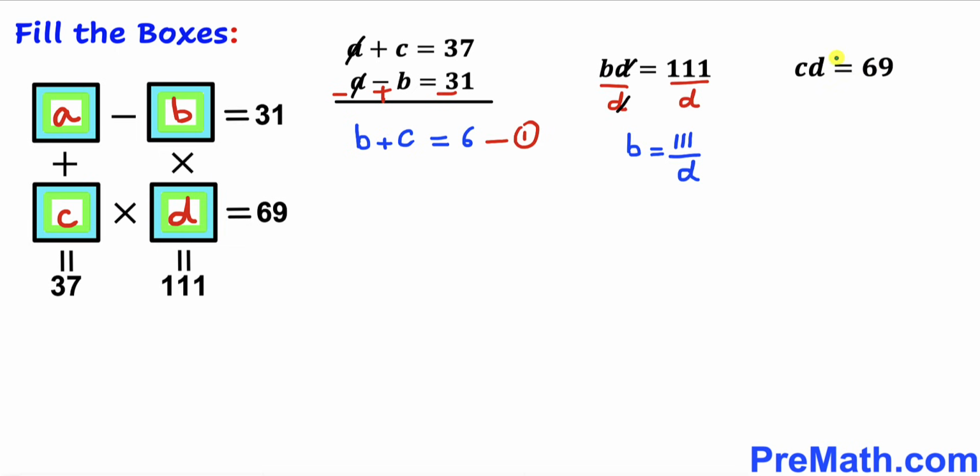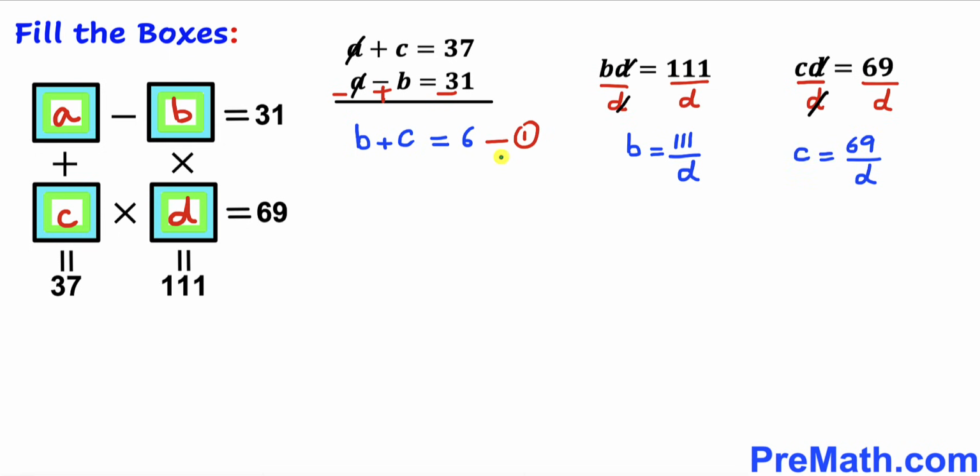And finally let's focus on this final equation. C times d equals 69. Likewise, I'm going to divide both sides by lowercase d to isolate c. Here d and d are gone. So c value is going to be equal to 69 divided by lowercase d.